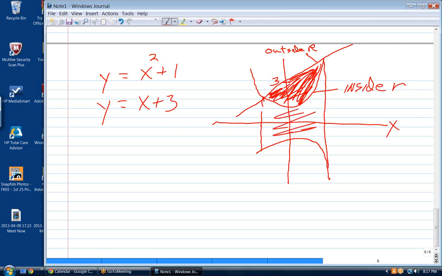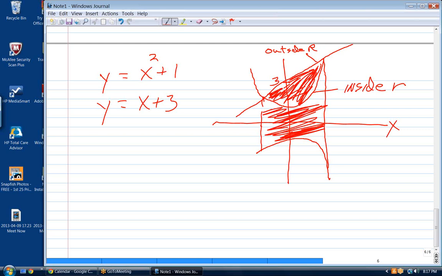So here's our solid looking figure. That's our hole. This part down here is the hole of our washer.